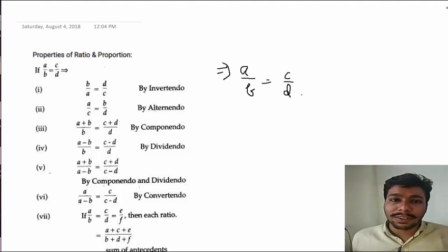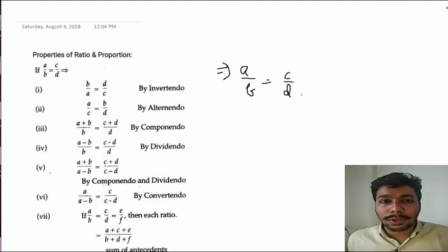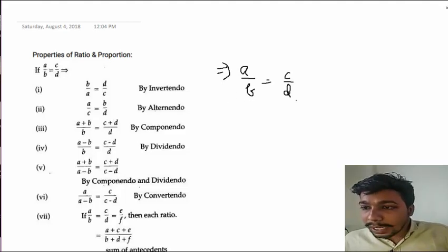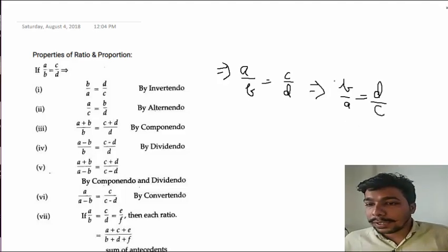Invert means to just reverse them. Okay, so invertendo is also like that, that we are reversing both these ratios like B by A and D by C. This is known as invertendo.